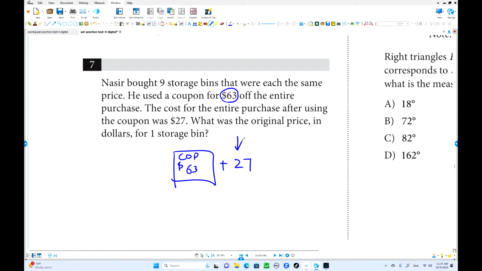Yeah, that is what he paid this month. So what is the original price? The original price is the sum of these, okay? 90 is the original price. So out of 90, 63 is covered by the coupon, the other is cash, $27. But over here we are not done. One storage bin. This is for all 9 storage bins, okay? When you divide by 9, one storage bin is what? $10. Okay, that's the answer.